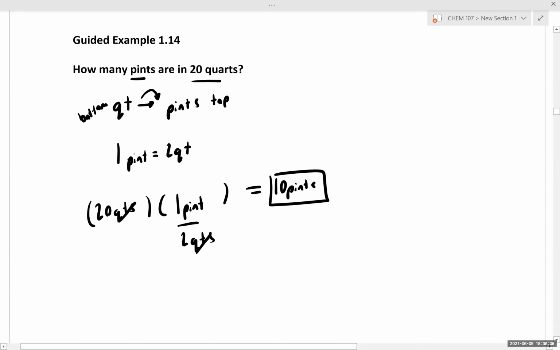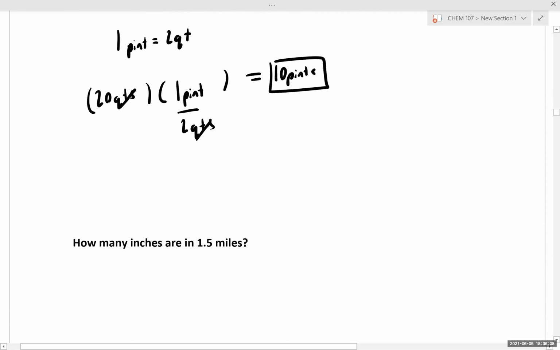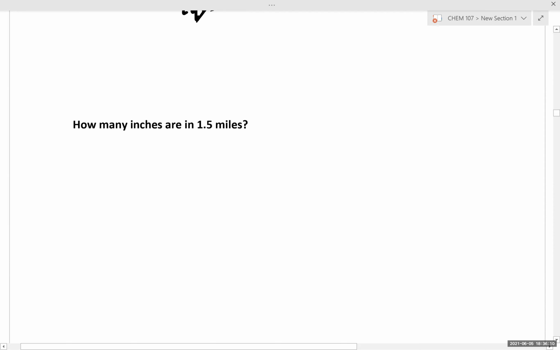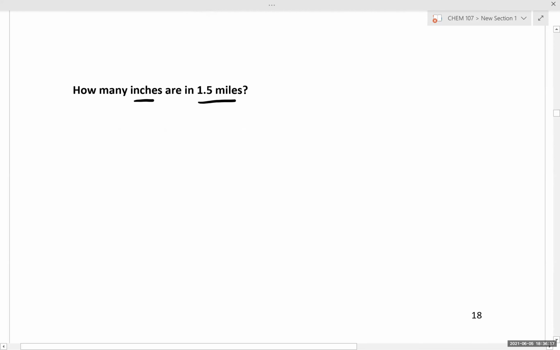Let's do another example. In this case, we're asked to convert between miles and inches. So we're asked how many inches are in 1.5 miles. So in this case, rather than going through a base unit, our goal is to split up this conversion into discrete steps. So our starting unit is miles, and we are trying to convert from miles to inches.